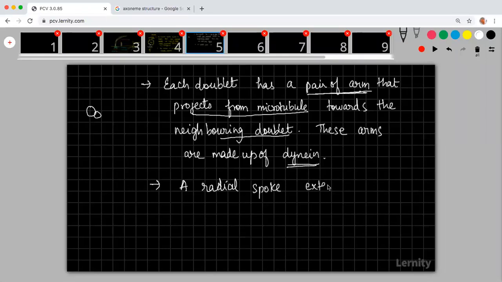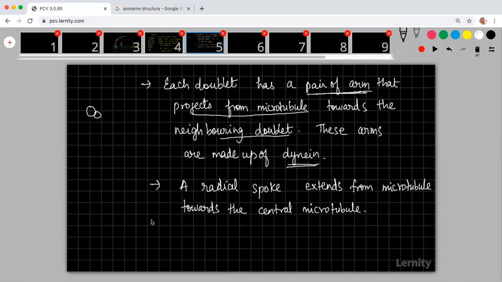It extends from the microtubule towards the center.